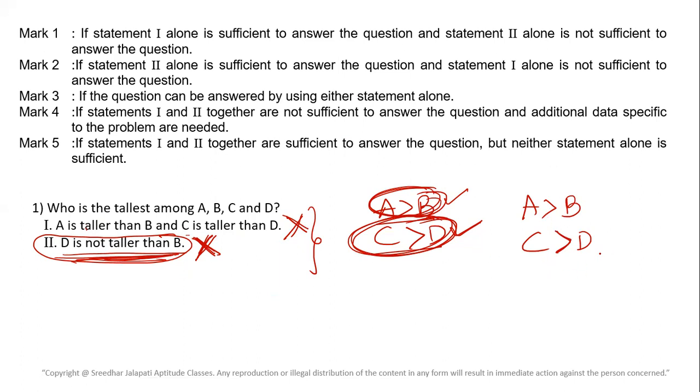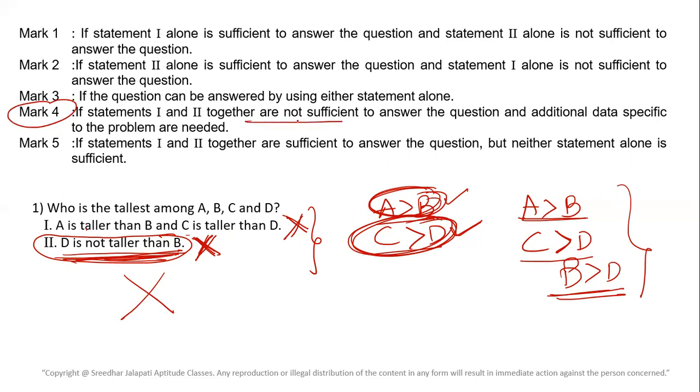If D is not taller than B, in the sense B is taller than D. Let us assume B is taller than D. So A is taller than B, C is taller than D, B is taller than D. From this, in any way, can we say who is tallest? No. So even after combining 1 and 2, we are unable to find who is the tallest. Therefore, the answer is option 4. Both together also not sufficient to find who is the tallest.